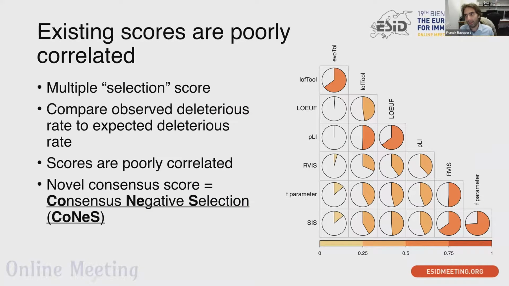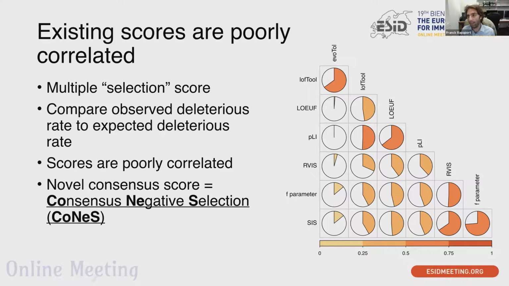Negative selection scores are gene-level metrics that aim to measure negative selection. They all try to do the same thing on paper, meaning that they compare the observed deleterious rate within a gene to the expected deleterious rate. If the observed deleterious rate is lower than the expected, then this gene has fewer deleterious mutations than you would expect by chance, so this gene is under negative selection.